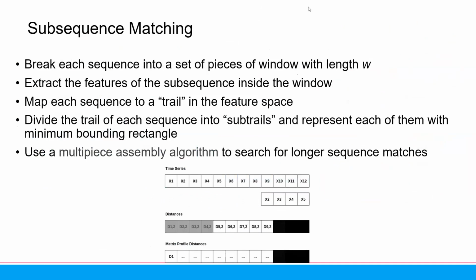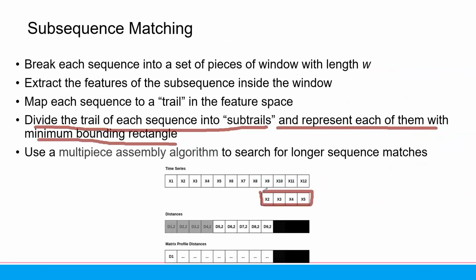And then we will divide the trail for each sequence into sub-trails and represent each of them with a minimum bounding rectangle. So if I already have the minimum bounding rectangle, I will check for each one, and then I will check again for the next 4, and the next 4, and so on.